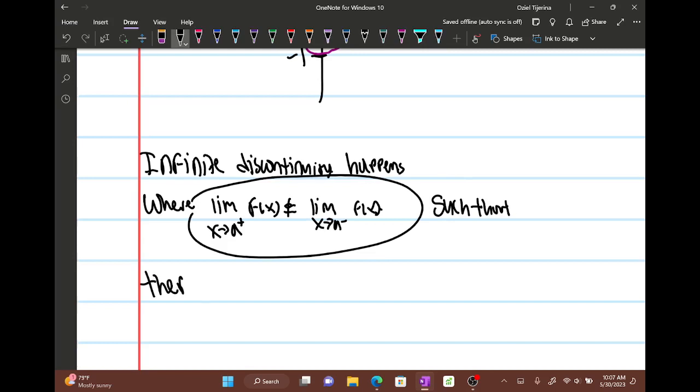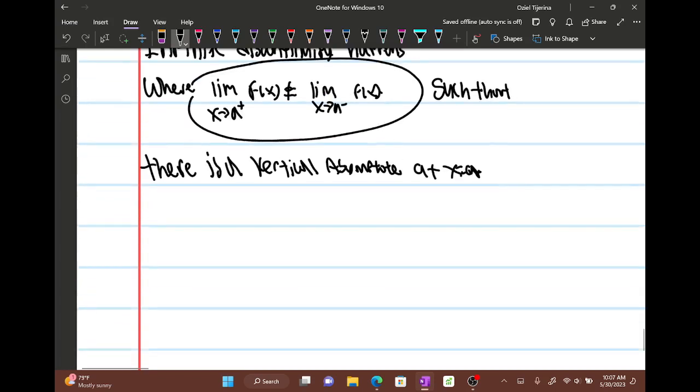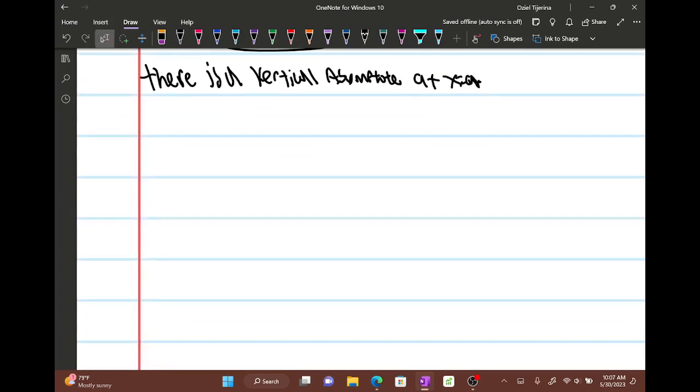there is a vertical asymptote at x equals a. So what I mean by this, for example, this is an example.